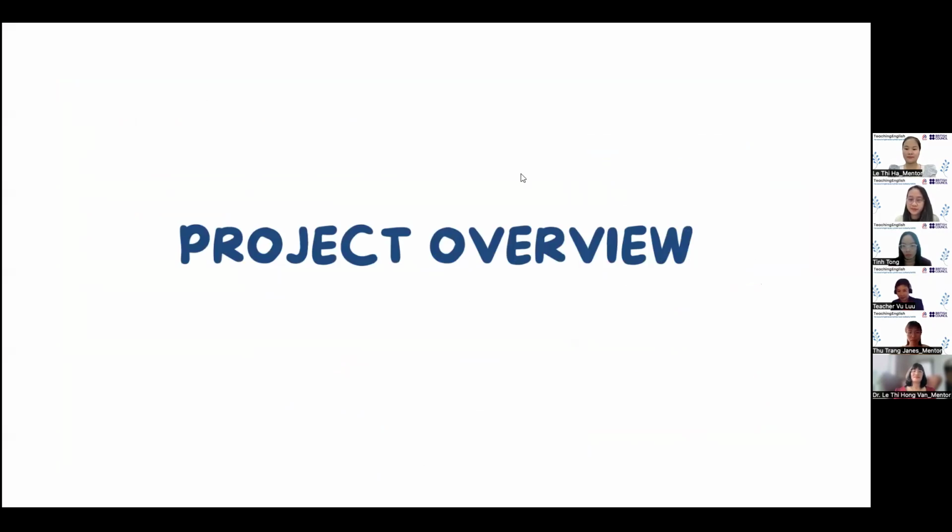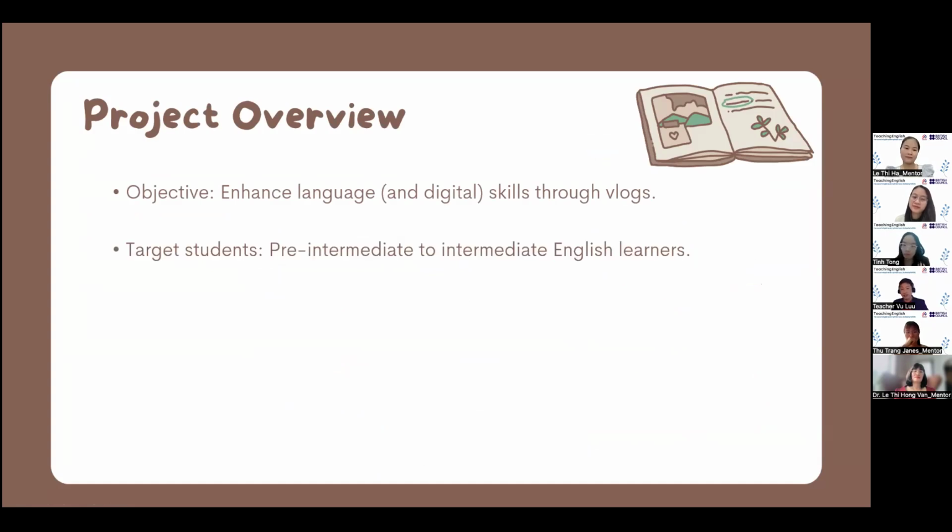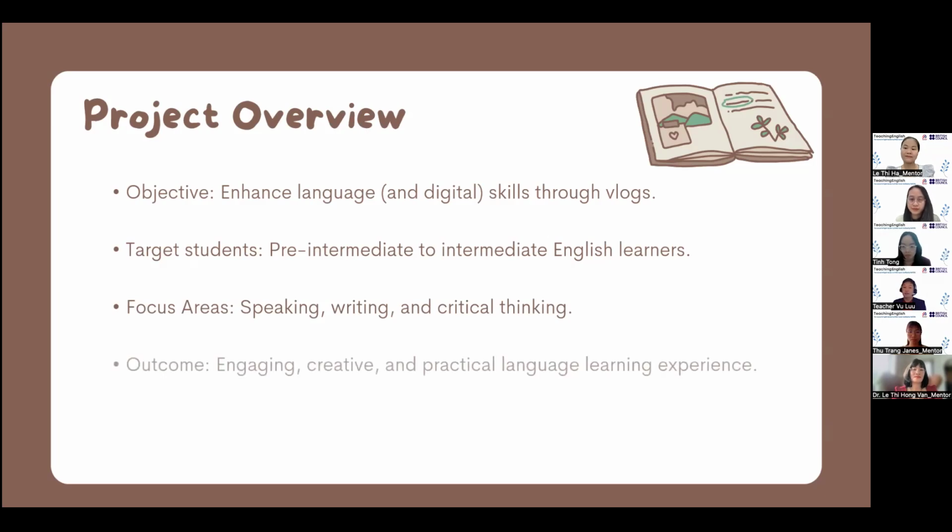So in order to establish a solid foundation for the project and ensure we are aligned, let's begin by reviewing the project overview. The main purpose of this project is to help my students enhance their language and digital skills through vlogs. I would target intermediate English learners, and I want them to focus on writing and speaking skills, and critical thinking as well.